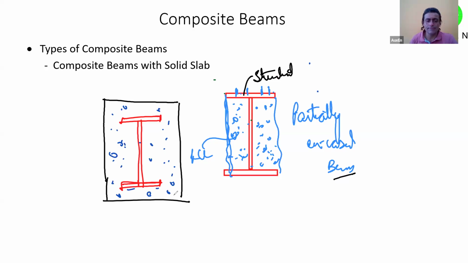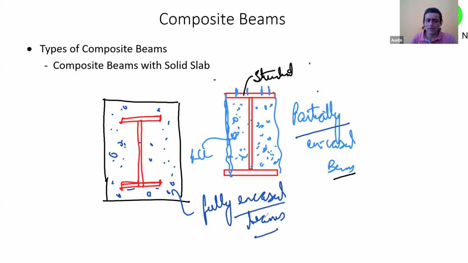This will be called what? If this was partially encased, this is simple to answer. Fully encased. I hope you are getting it, simple terms, I guess. So this becomes my fully encased beam. So partially encased, fully encased.